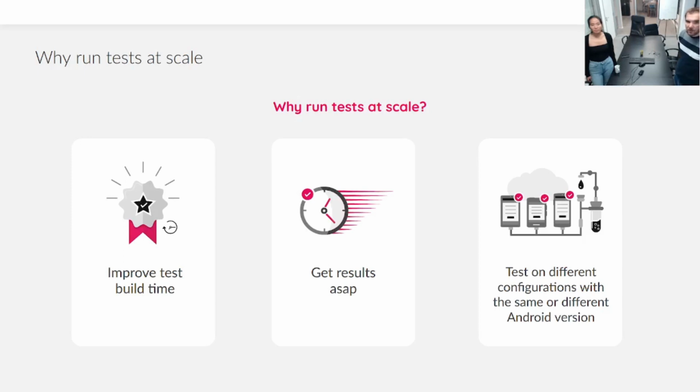I think you all know that functional tests can take a long time, depending on the number of tests you have and the number of Android versions you want to test. It can be annoying to wait for the results. That's why we encourage testers and developers to scale their tests.